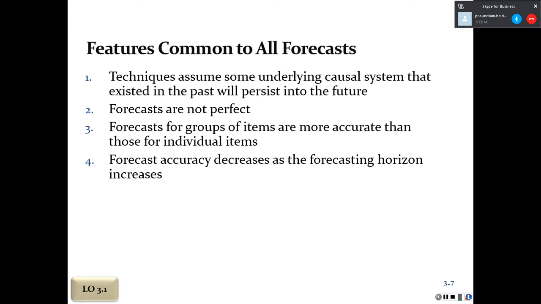Some of the features common to all forecasts: one of them is that forecasts are not perfect. Actual results usually differ from the forecast values, so you must allow for forecast errors, which we'll talk about how errors are calculated when forecasting is used.